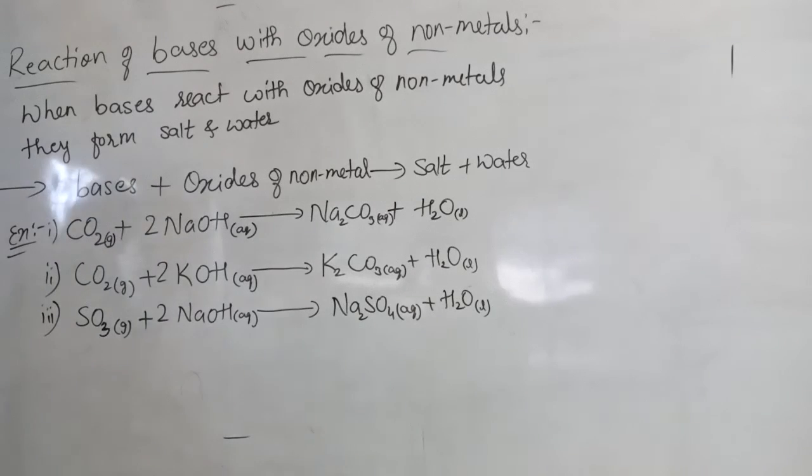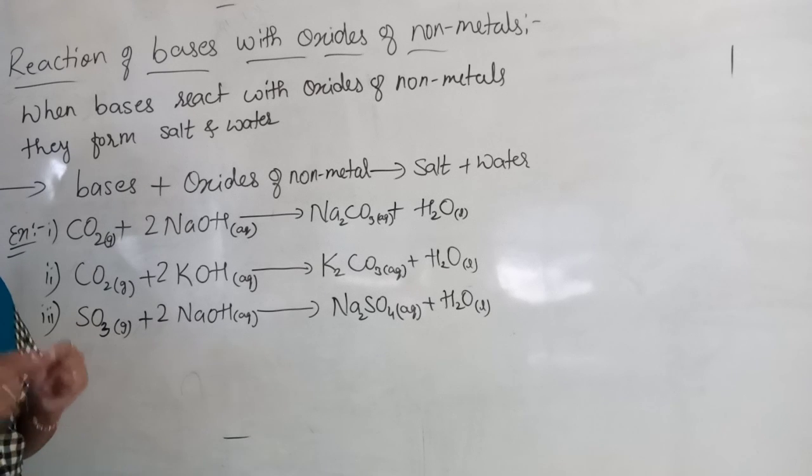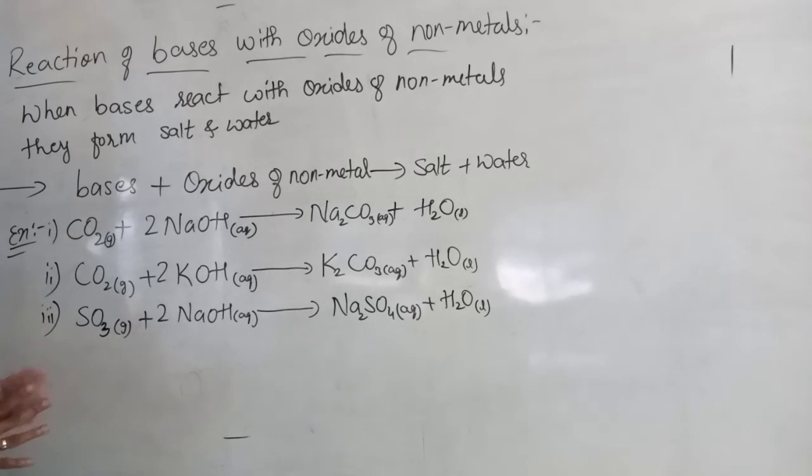Next, there are some metal oxides which, when they react with acids or bases, form salt and water in both cases. Such oxides of metals are known as amphoteric oxides.